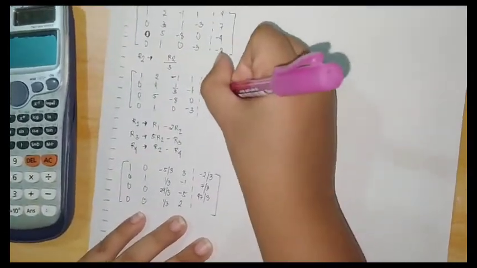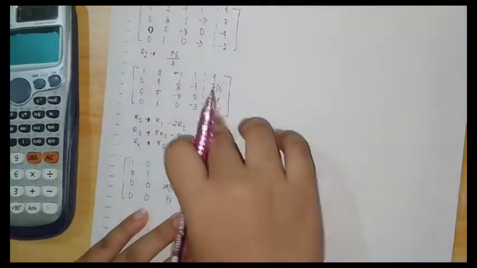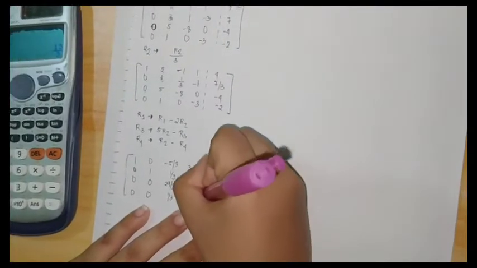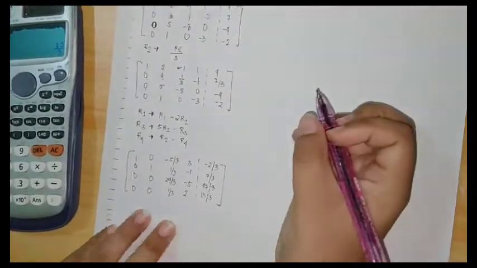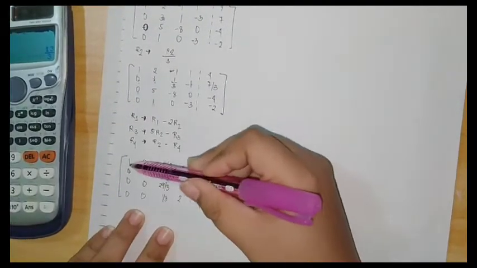So 7/3 minus negative 2. We have 13/3. So we're done with the second column.